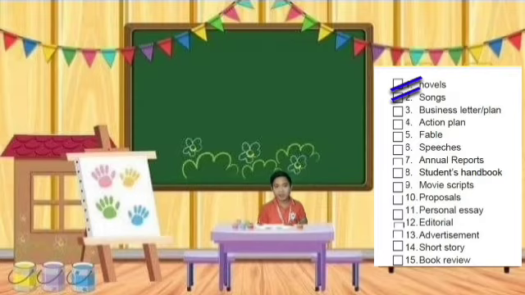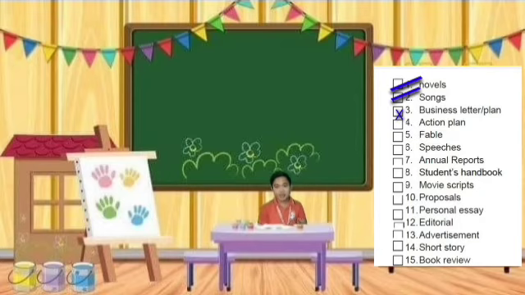What about number three? Business letter or business plan. Is it an example of creative writing or technical writing? Okay, let's see. Number three is an example of technical writing. Okay, what about number four?